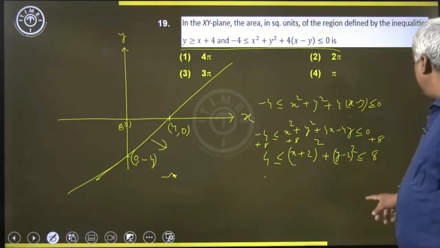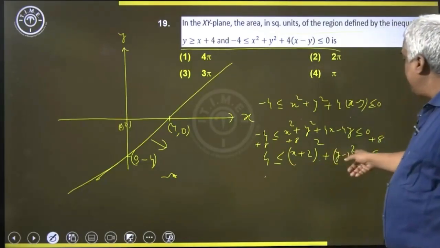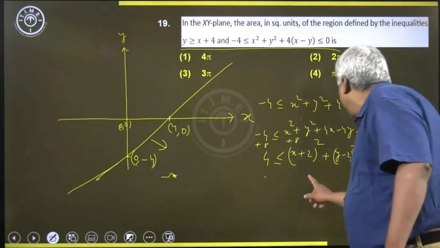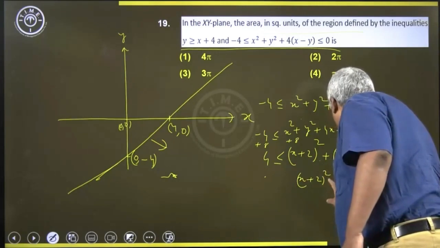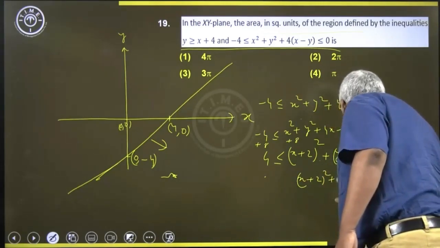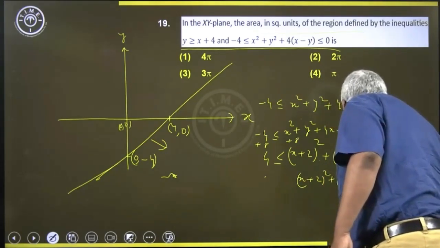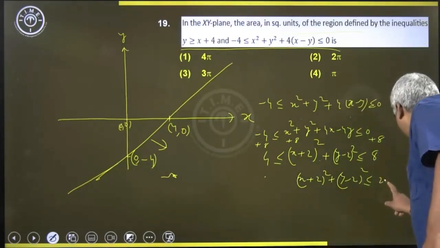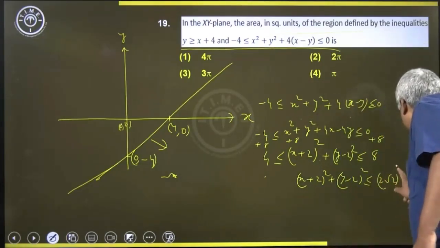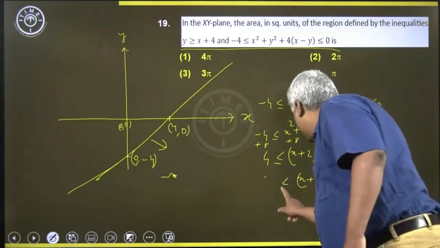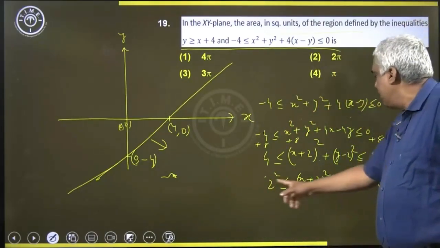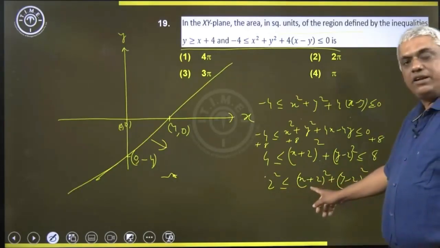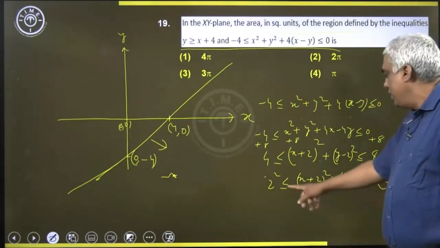So, basically you see, this is the region between 2 concentric circles, right. So, x plus 2 the whole square plus y minus 2 the whole square is less than or equal to 8. 8 is 2 root 2 the whole square, and 4 is 2 square. Basically, if you remove the inequalities and equal to, this is a circle having center at minus 2 comma 2 and radius 2.